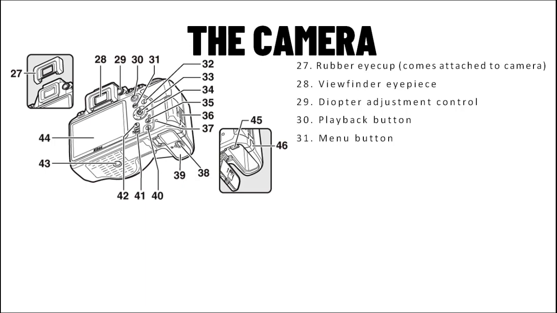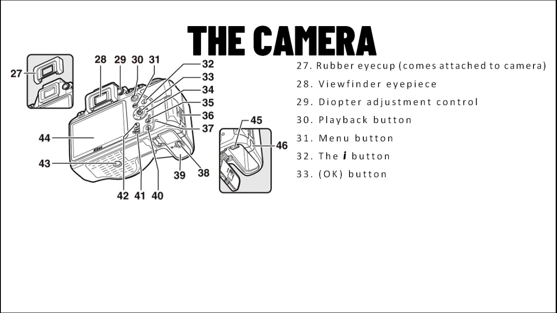We have the menu button, number 31, that you use to go into the general menu settings of your camera. We have number 32, the I button, which is more like an info button. It gives you additional function, so you want to learn more about that button.